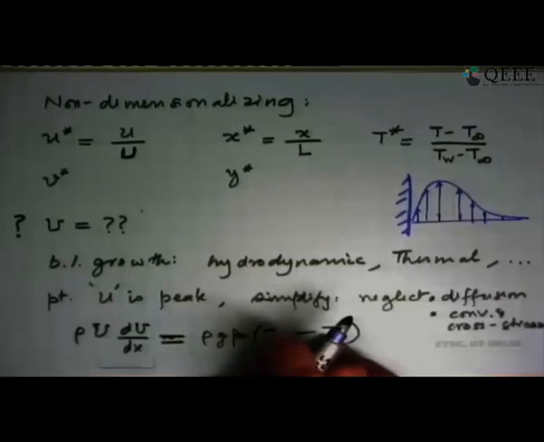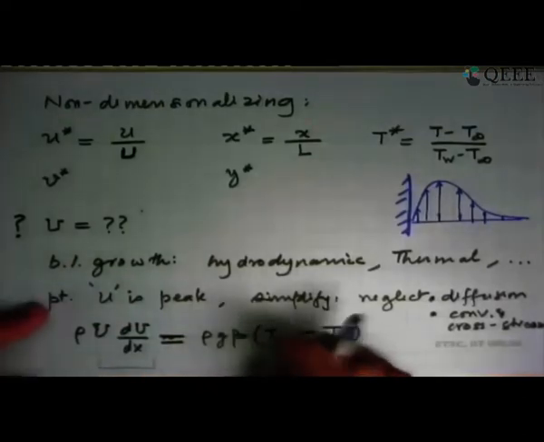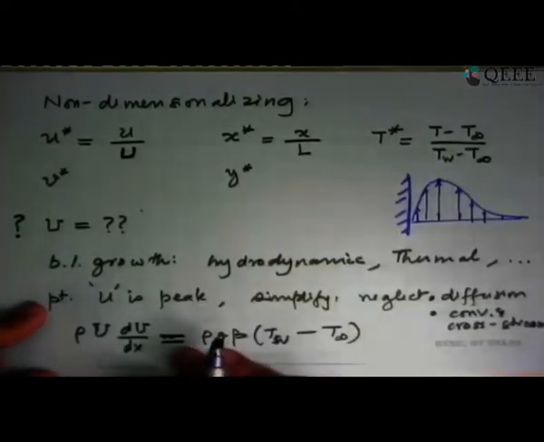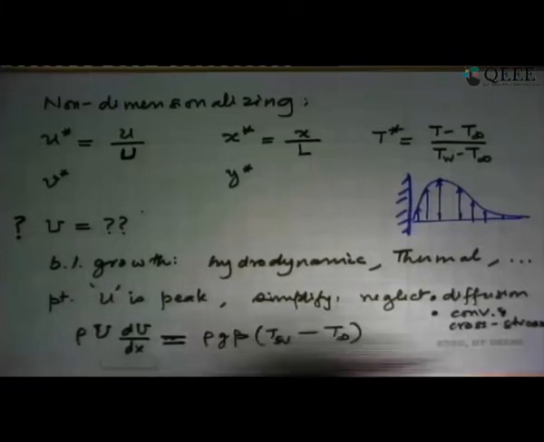That would be the velocity profile normal to the plate at any location. And we say, well, let's look at this point where the velocity is maximum and do an order of magnitude comparison of different terms in the momentum equation.